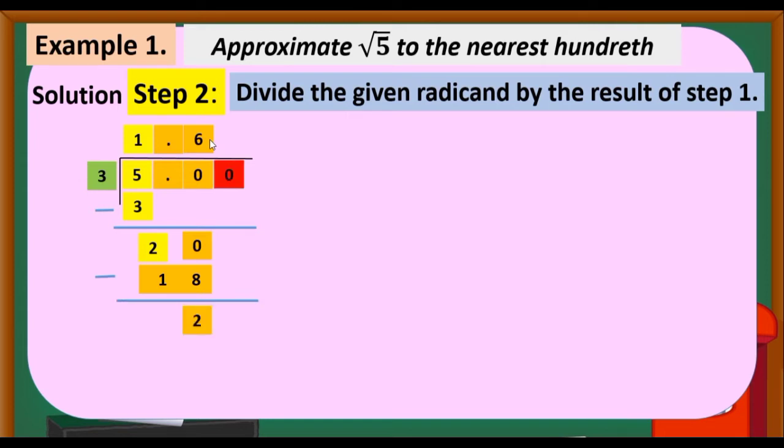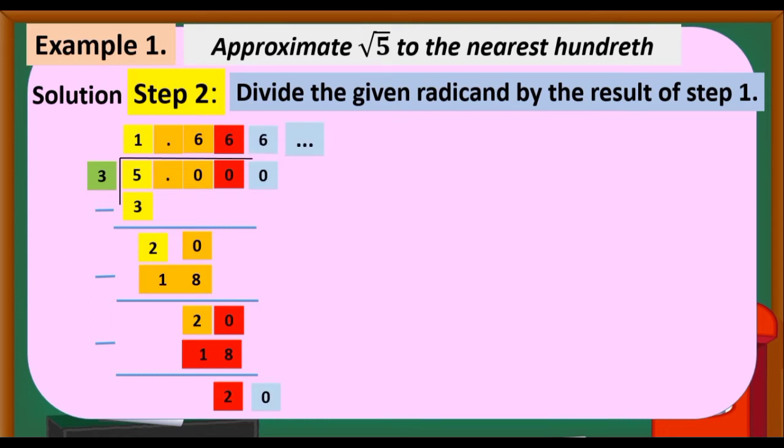So, we add another 0. 20 divided by 3 is 6. 6 times 3 is 18. 20 minus 18 is 2. We add again. Ma'am, it keeps repeating. So, the answer keeps being 6, or we can write 1.667.